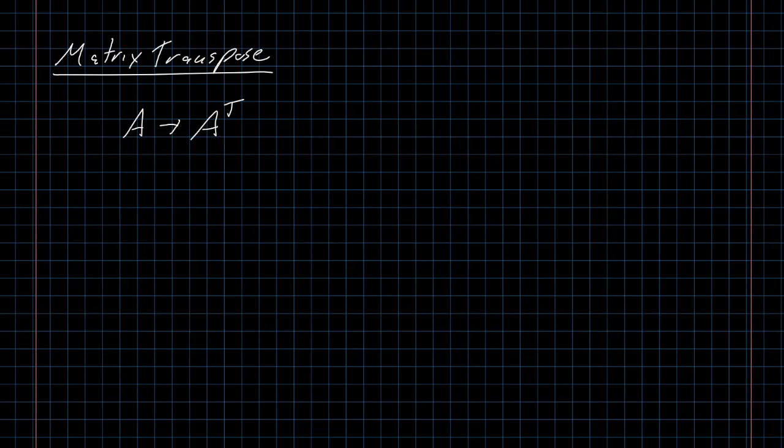But the matrix transpose tells us to take a matrix given as Aij, and this could be any m by n matrix. And the transpose is going to be a matrix given by Aji, and that's going to be an n by m matrix.